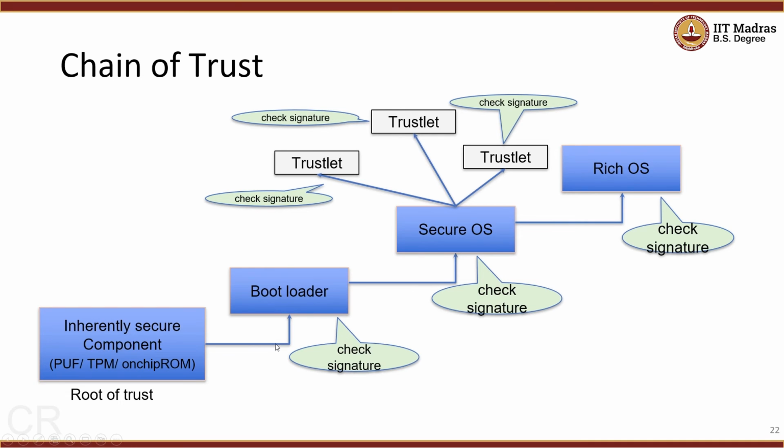So only if the signature is validated would the bootloader be permitted to execute, right? So now we have a validated bootloader which starts its execution on the processor, and after it does its initialization, it initializes some of the peripherals, memory, and so on. It needs to then start to execute the operating system.